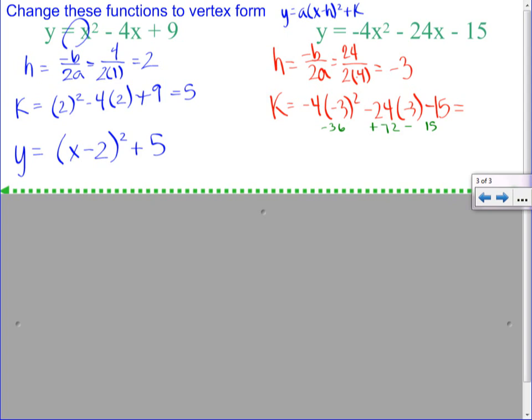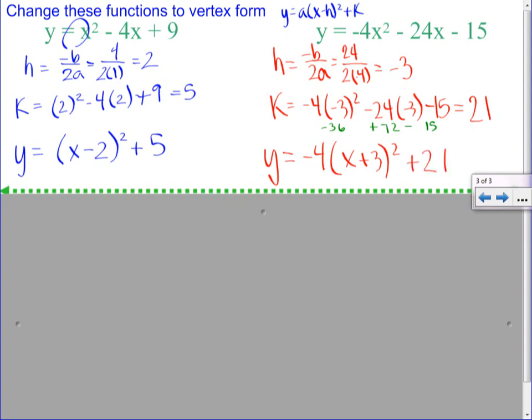Is that what you get? Okay. All right. So what's our equation? Y equals what? -4 parentheses x plus 3 squared plus 21.